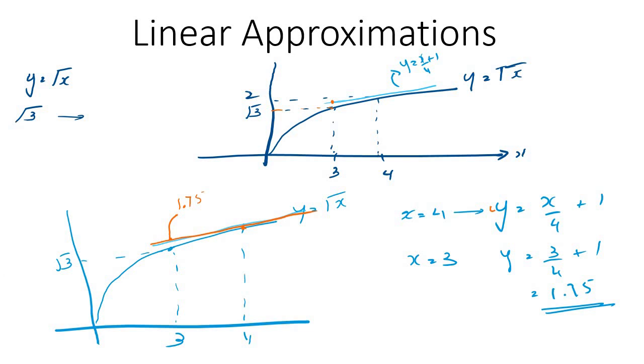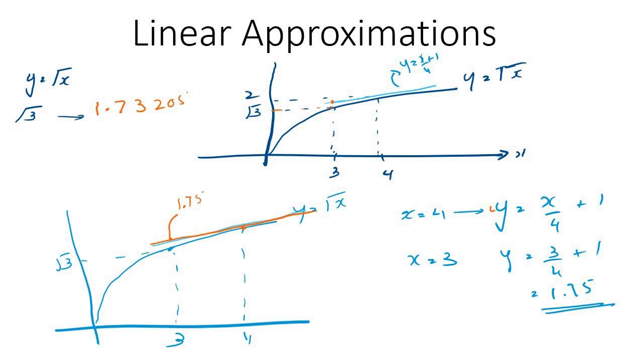Next we'll calculate the square root of 3 using a calculator. The calculator gives square root of 3 as 1.3205. That's an approximate value. This is a good approximate value for the real square root of 3.